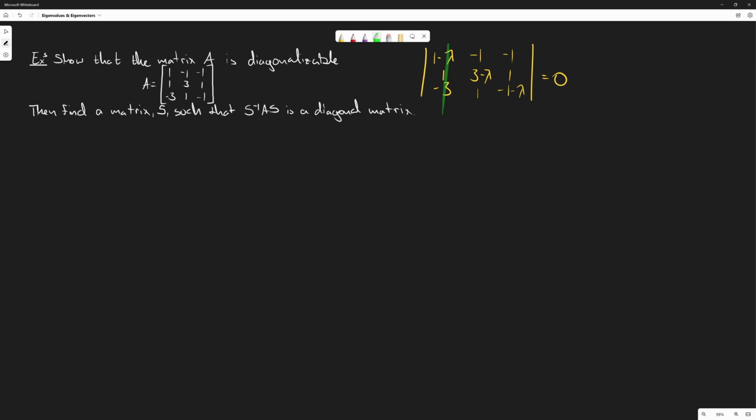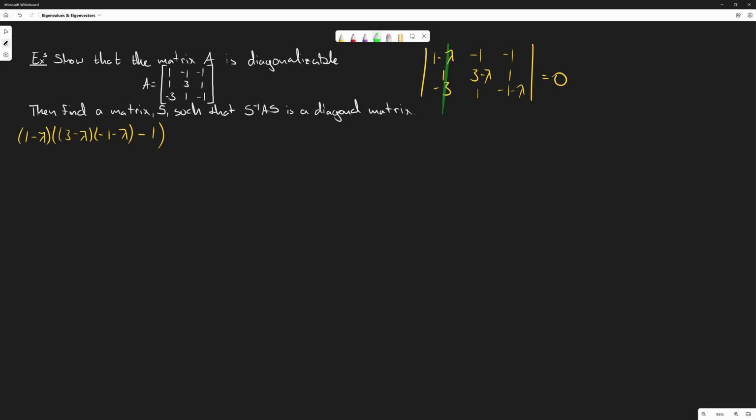we're going to get 1 minus lambda times 3 minus lambda times negative 1 minus lambda, minus 1.